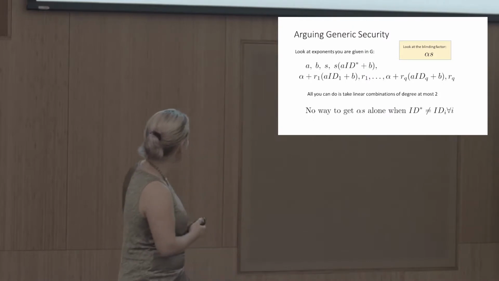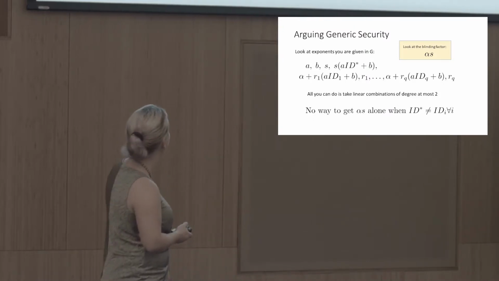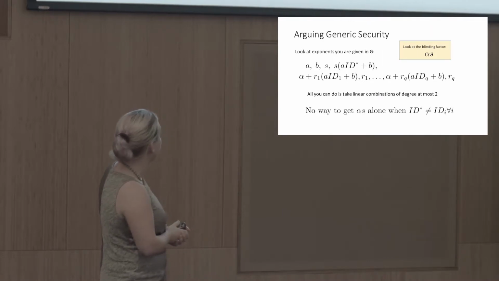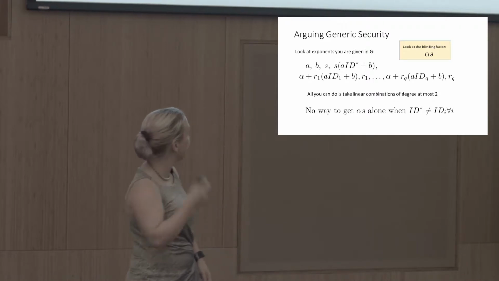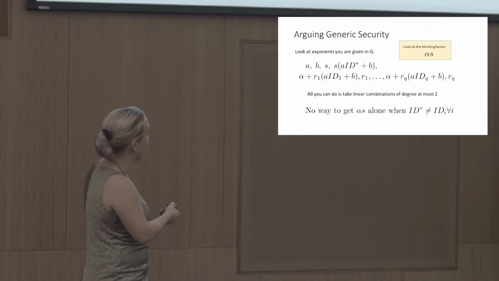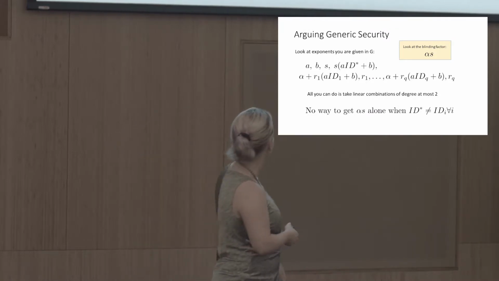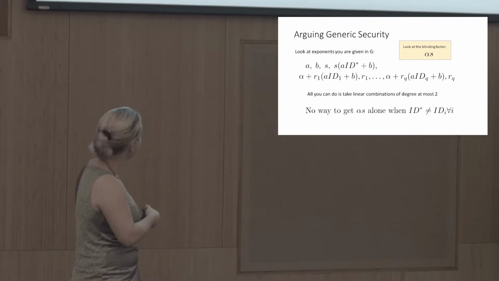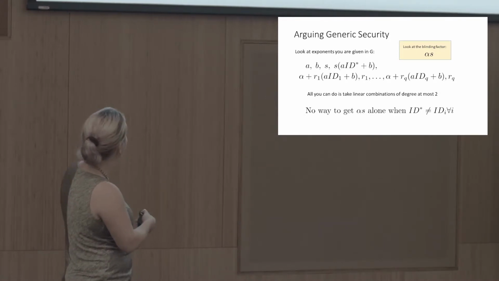And so in this case, if you play around with all the different terms that you can make by doing the pairing, all you can do is get linear combinations of terms that are individually of degree at most 2, and you're trying to arrive at this blinding factor, which is alpha S, that's blinding the ciphertext. And so you can see that you better start with an alpha times S, right? The only way to get alpha and S is to multiply alpha times something with S in it.